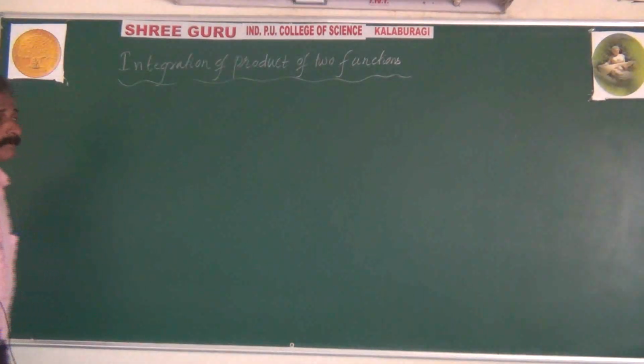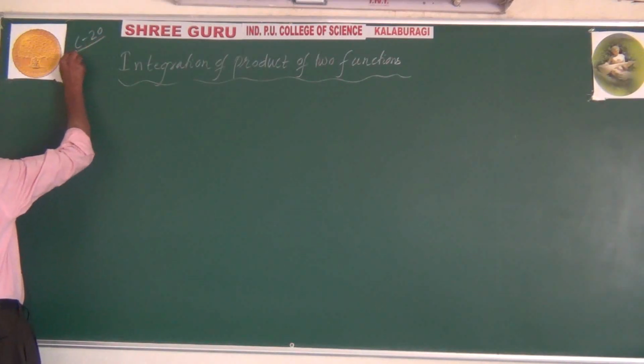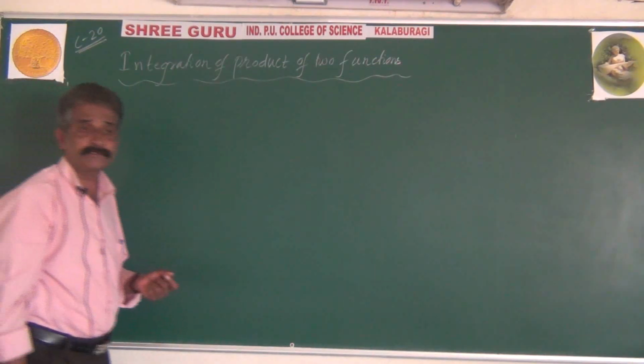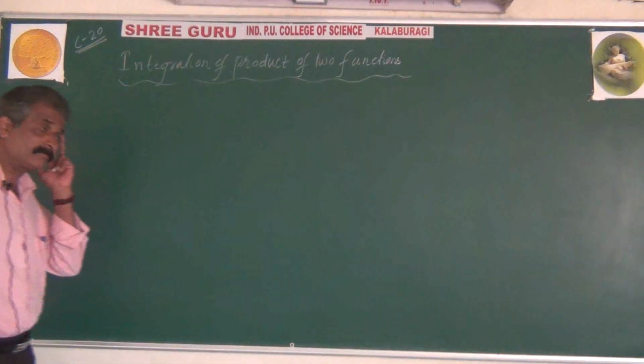And we are in class number 20. This is 20th class. And this formula we can obtain from product rule of differentiation. So let's take product rule of differentiation. Let us get product rule of integration.